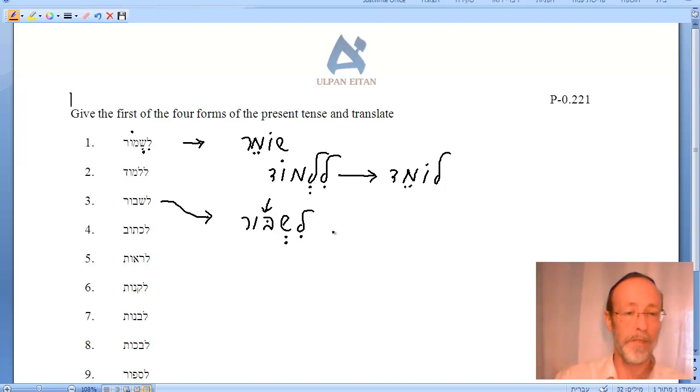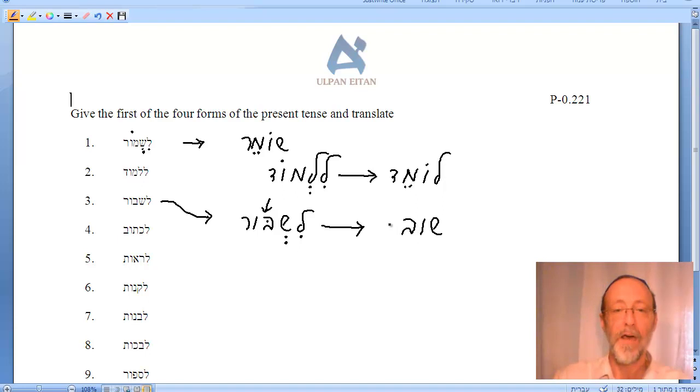So we take that verb, lishbor, and we want to break it into the present tense. We're going to take away that lamed, bring over the first letter, invert the two internals, tag on the last, and the pronunciation here is shover. There it is, folks.